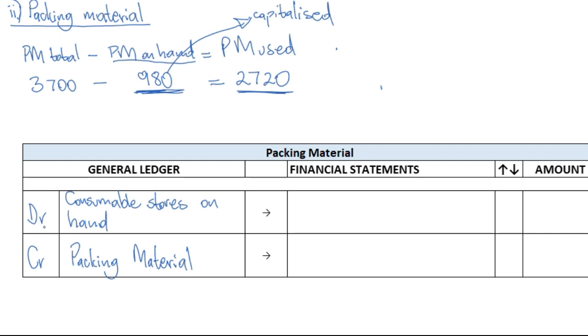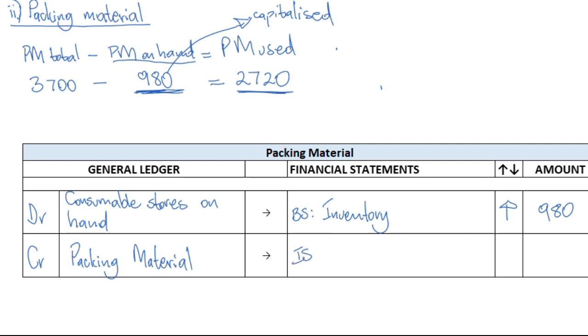In our financial statements, consumable stores on hand sits in the balance sheet under the inventory line item. So we're going to increase the inventory line item by 980 to show that we've recognized an asset called consumable stores on hand.